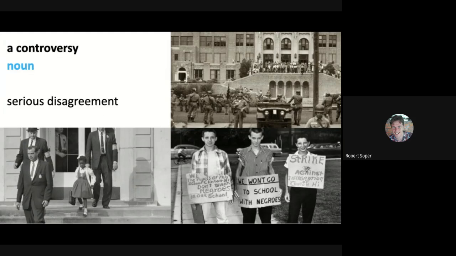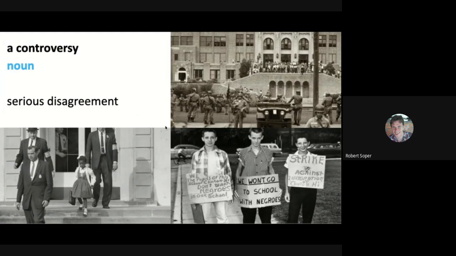Now, they eventually decided to get rid of that by having something called forced school integration. And this basically meant that now black and white people would go to the same school. And this caused a lot of controversy at the time because a lot of white people didn't want this to happen.